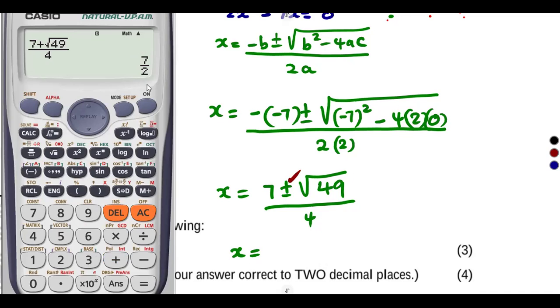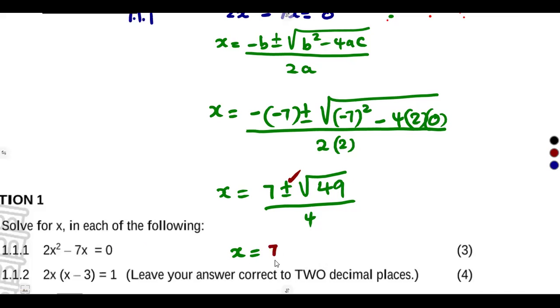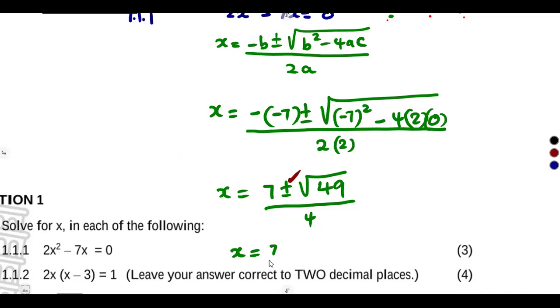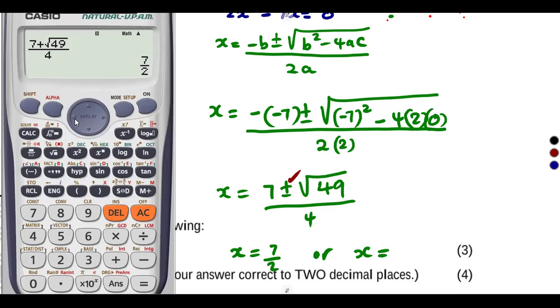So that was going to give us 7 over 2. Or we move on to the other part. We determine the x when we have the negative. So we're just going to change our positive here into a negative. So that was going to give us a 0.